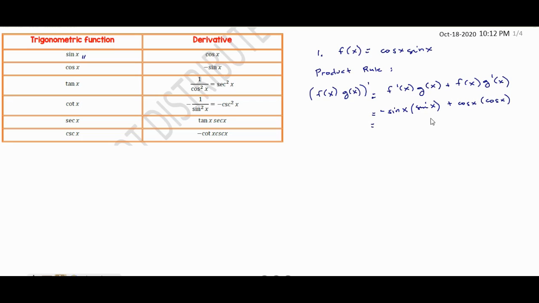And then let's perform multiplication. So negative times positive, it will give you, of course, positive.